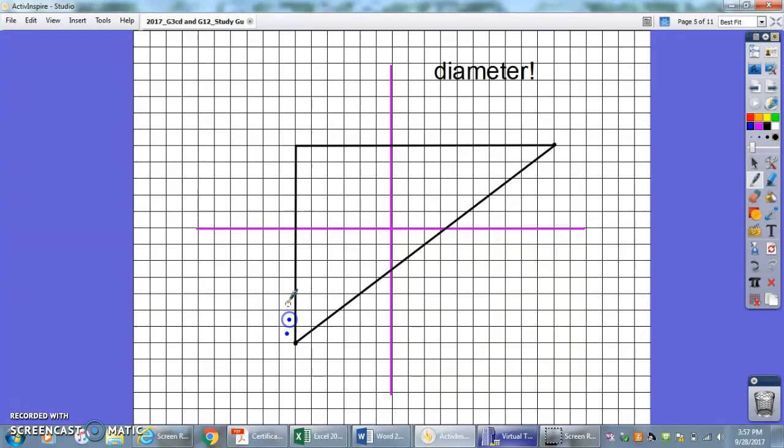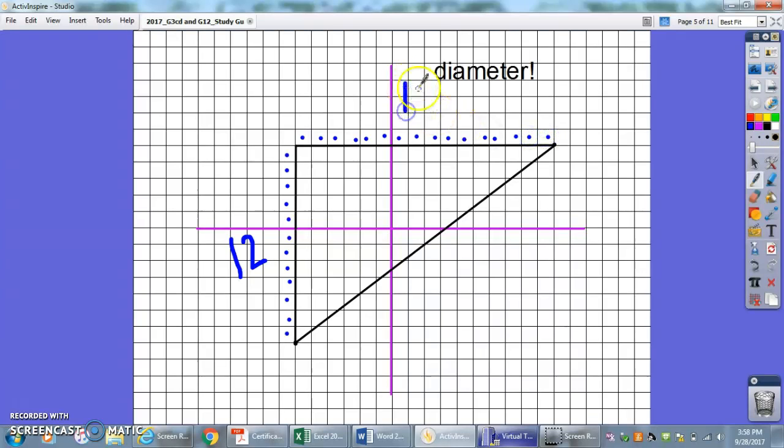So 1, 2, 3, 4, 5, 6, 7, 8, 9, 10, 11, 12. Good. So I'm going to write that next to the side there, and then count the other side. 1, 2, 3, 4, 5, 6, 7, 8, 9, 10, 11, 12, 13, 14, 15, 16.